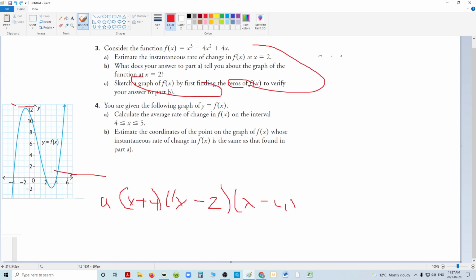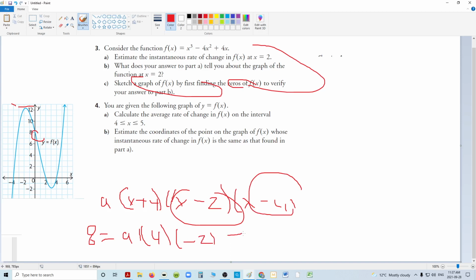To figure out the full formula, I would need any one clean point. So look at there. I got a clean point right there, 0, 8. So that means when x is 0, y is 8. So when x is 0 here, it's 4. When x is 0 here, minus 2. When x is 0 here, minus 4. Minus 4 times minus 2 times 4 is 32.